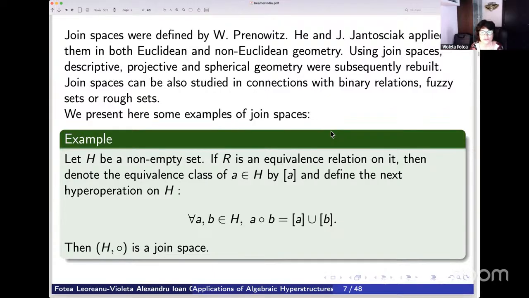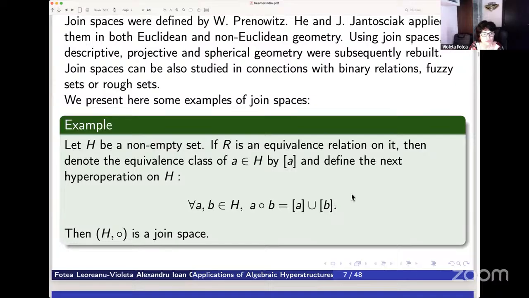They use this notion in order to describe descriptive projective spherical geometries. But not only. Jones spaces can be studied also in connection with binary relations, fuzzy sets, or rough sets.